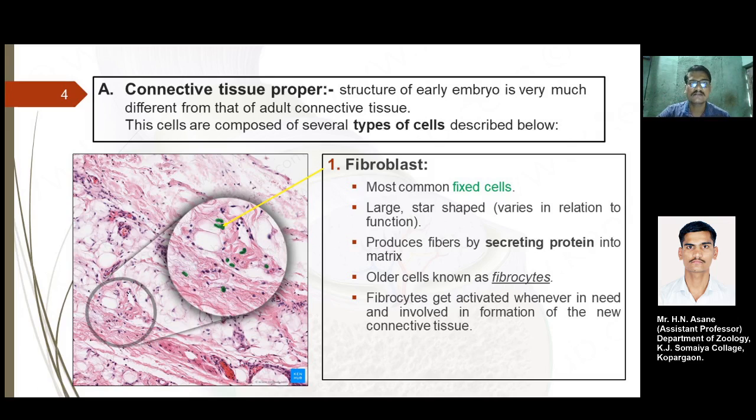There are several types of cells described as below. The first one is the fibroblast. Fibroblasts are the most common cells of the connective tissues, and they are fixed cells. Fixed means their position is fixed, they cannot move, and they are not wandering cells itself.